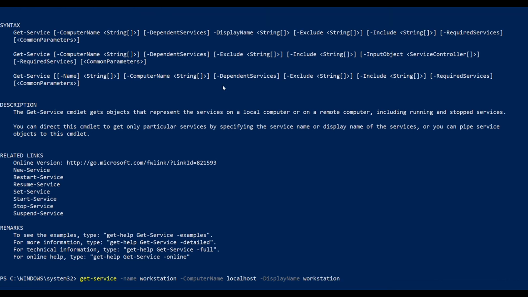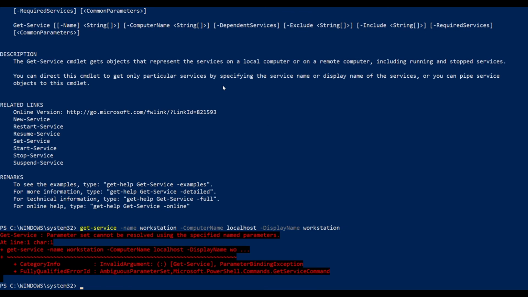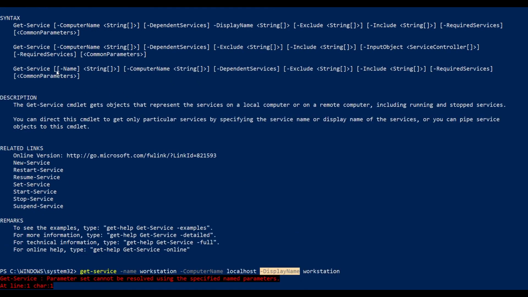it will throw an error because the parameter set cannot be resolved using the specified named parameters, because this is the parameter from the third parameter set and this is the parameter from the first parameter set. The third parameter set cannot contain DisplayName as the parameter, but we combined both of them.